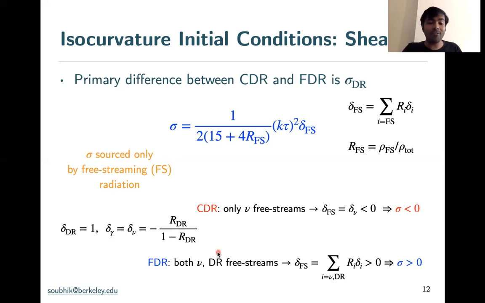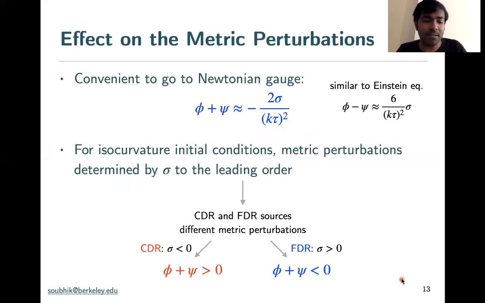For FDR, however, the exact opposite is true, because in this case, dark radiation also free streams, and therefore delta dark radiation also contributes to delta Fs. And because of the overdensity in dark radiation, sigma is actually positive. So you see that the primary difference between the CDR and FDR basically relates to the fact that there is a sign flip in the total anisotropic stress.